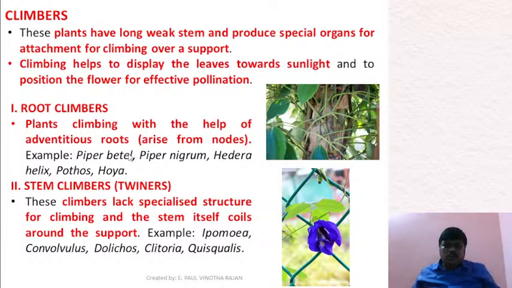What the betel does is it attaches to an object, a stem, or another plant, and where the node is, in that node they develop roots. With the help of the roots, they attach to the object, to the support. That is called root climbers.